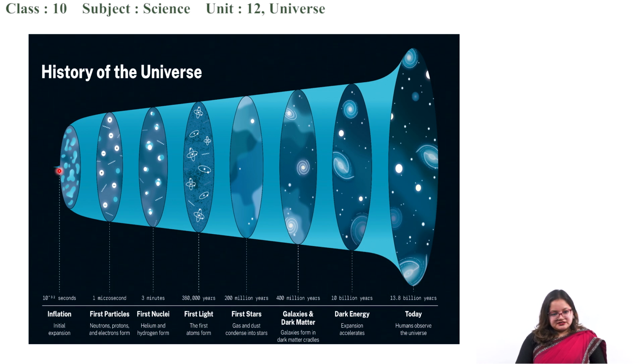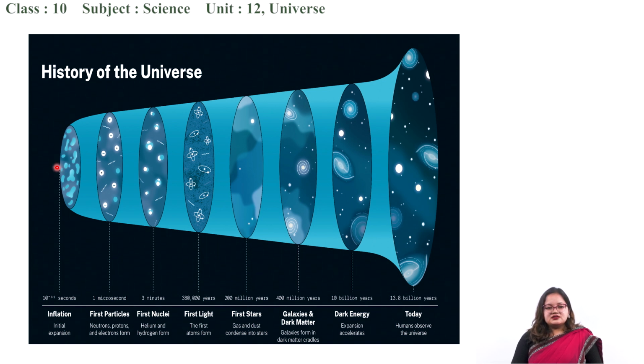But right here, at the very initial state, the expansion was not gradual, it was exponential. It started from a single point and exponentially started to expand, and within less than 1 microsecond, the inflation started.